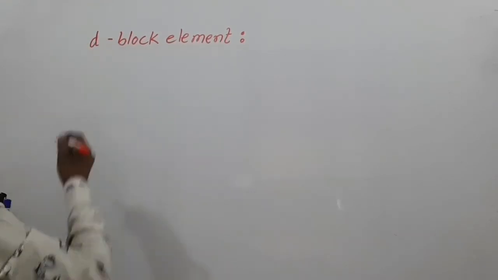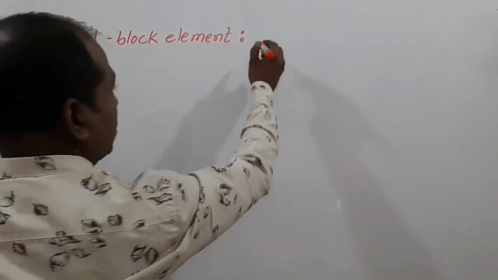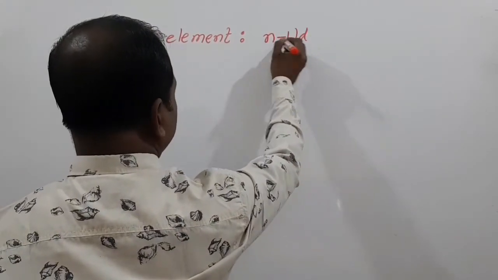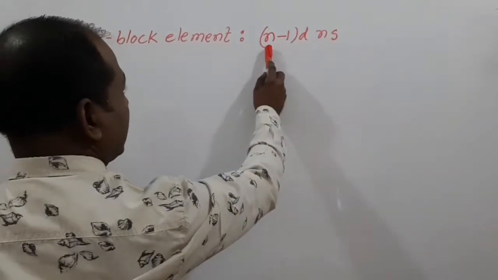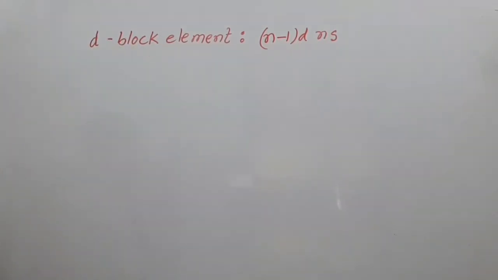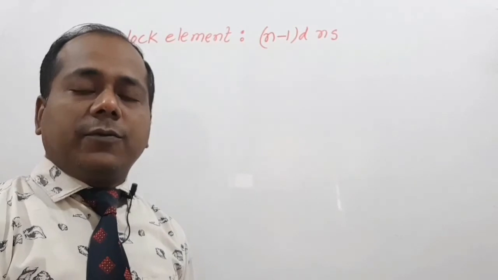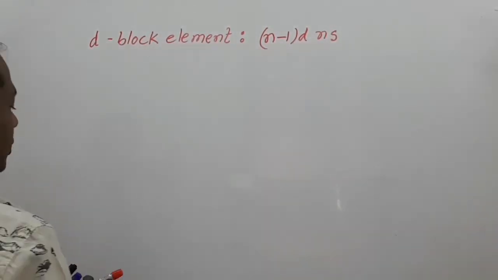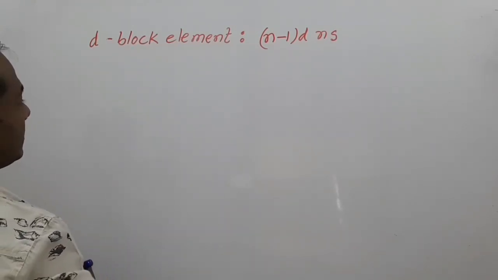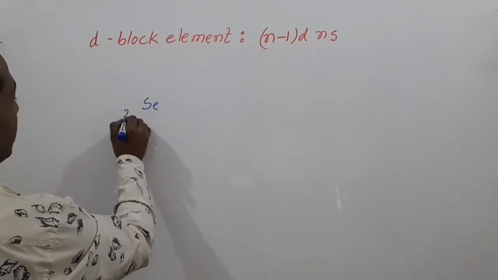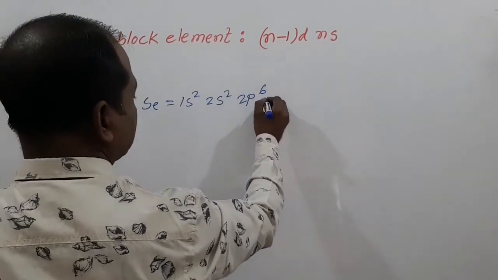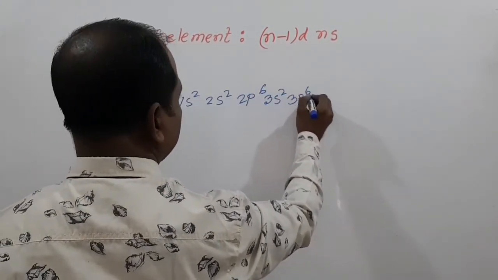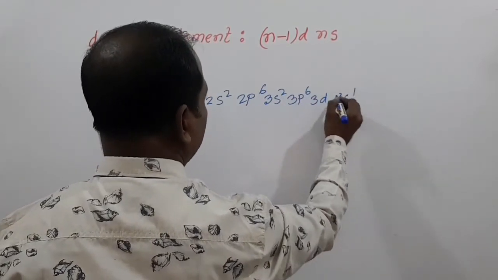Now my dear students, we discuss the position of d block elements in a periodic table. Here the electrons present in the n-1 d orbital and ns orbital; their total number represents the group number of d block elements. For example, scandium 21, 1s2, 2s2, 2p6, 3s2, 3p6, 3d1, 4s2.